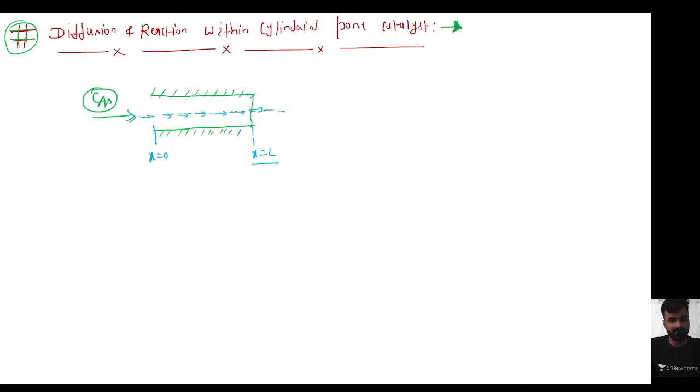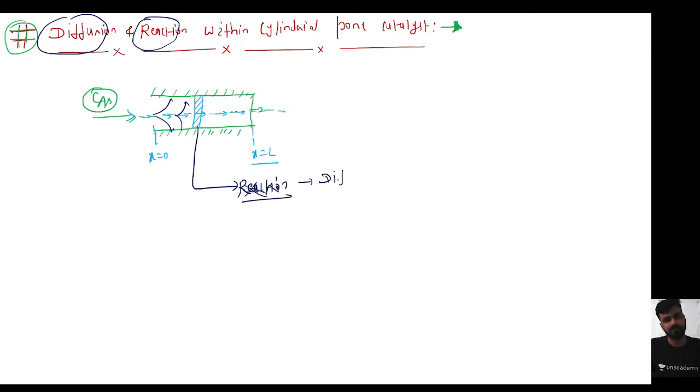Let's try to understand. Okay, so at a particular condition, at a particular length, I am denoting it with the help of reaction. Here it is a reaction. Why? Because the objective of our topic is, one is diffusion and another is reaction. So here it is reaction, are you getting? Sorry, here it is diffusion.